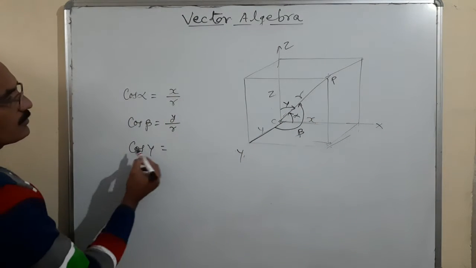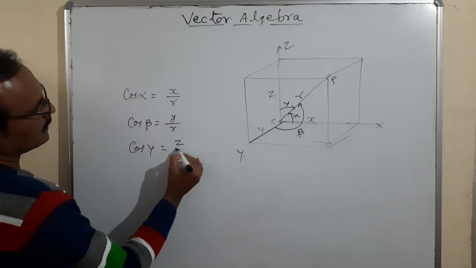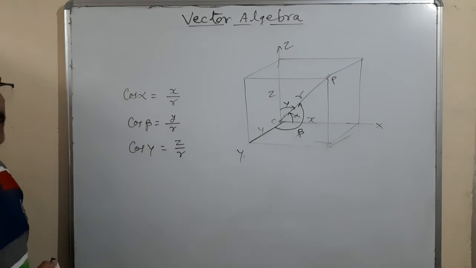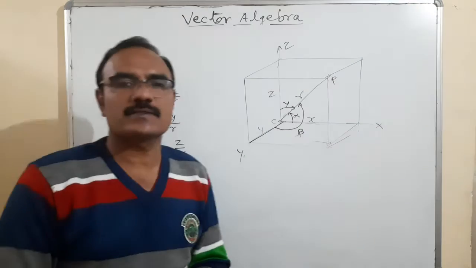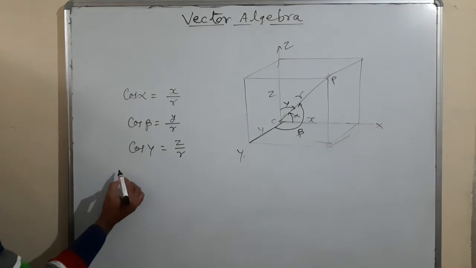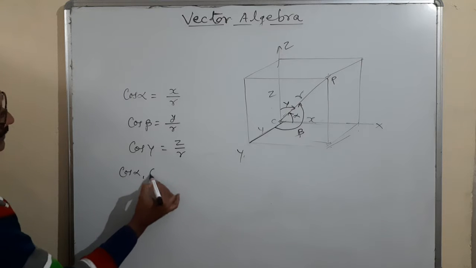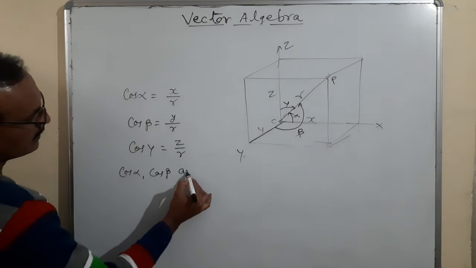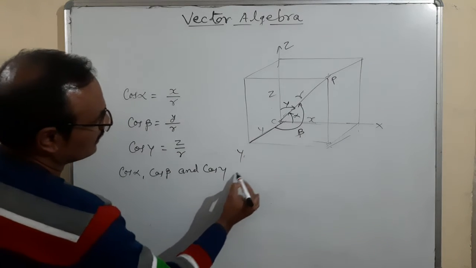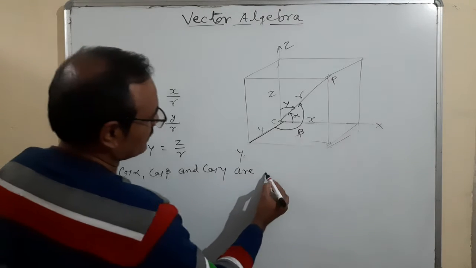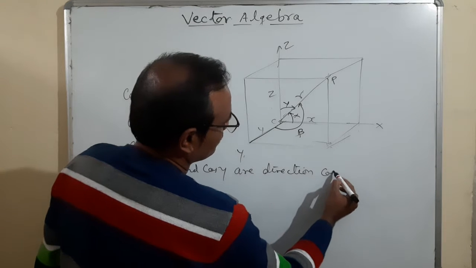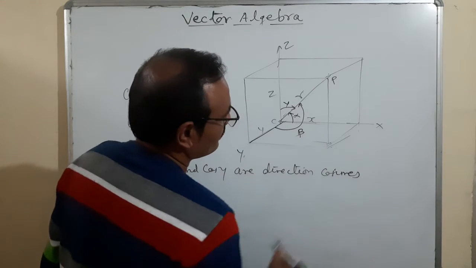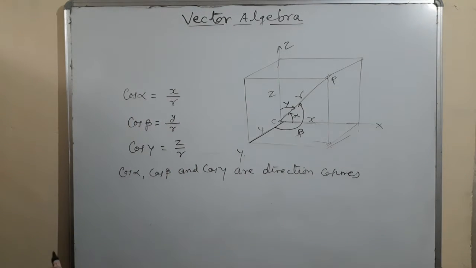So cos gamma is equal to z upon r. Okay. So these cos alpha, cos beta and cos gamma are called direction cosines.